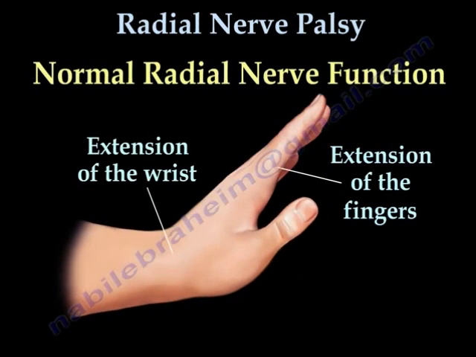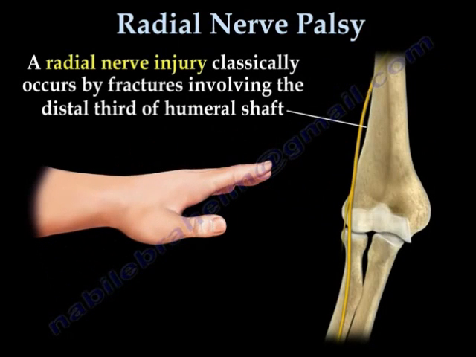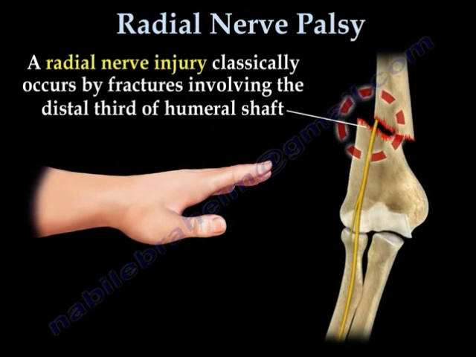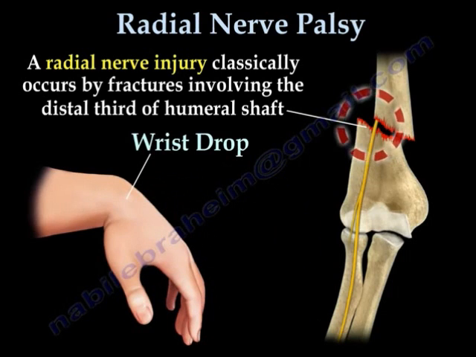Normal radial nerve function: extension of the wrist, extension of the fingers. Radial nerve injury classically occurs by fractures involving the distal third of the humeral shaft, causing wrist drop.